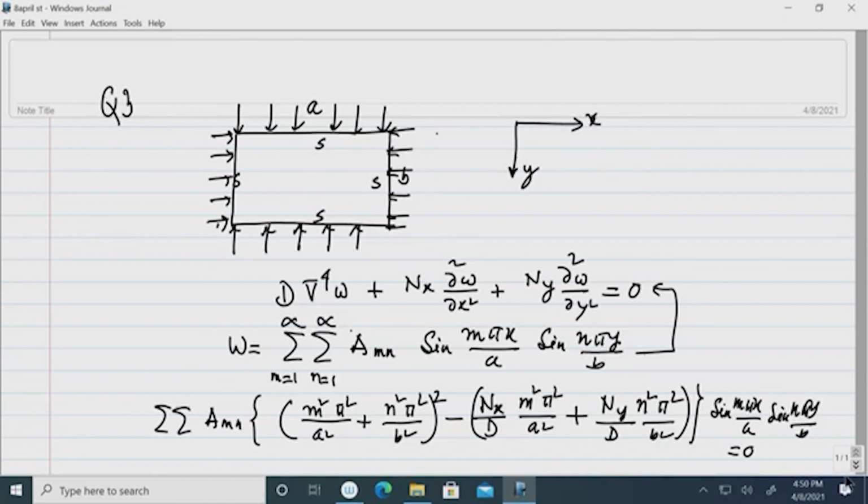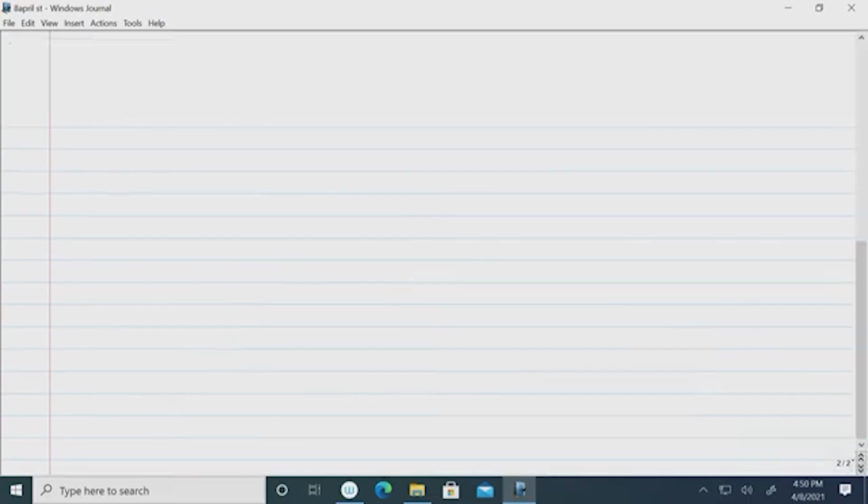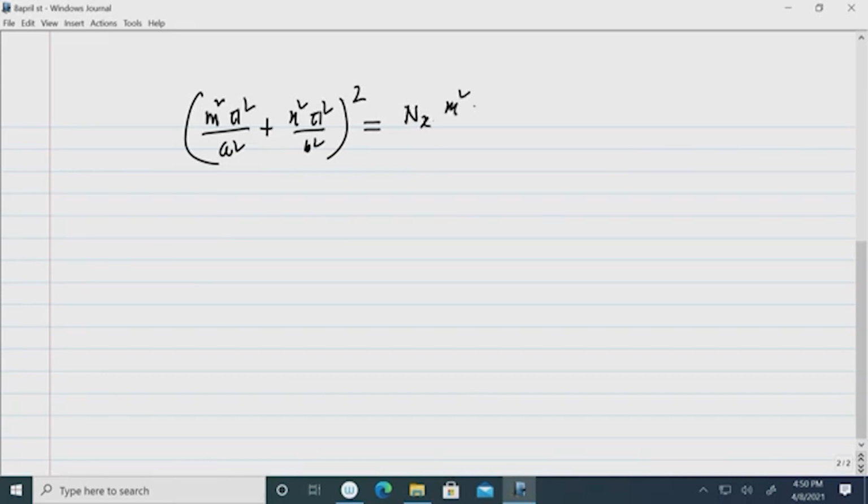Okay. Now, naturally for a non-trivial solution of this buckling load, we have to obtain that (m² π² / a² + n² π² / b²) whole square equals N_x m² π² / (a² D) plus N_y n² π² / (b² D).